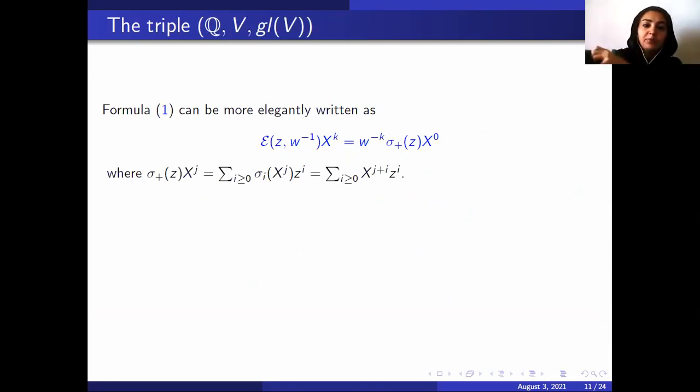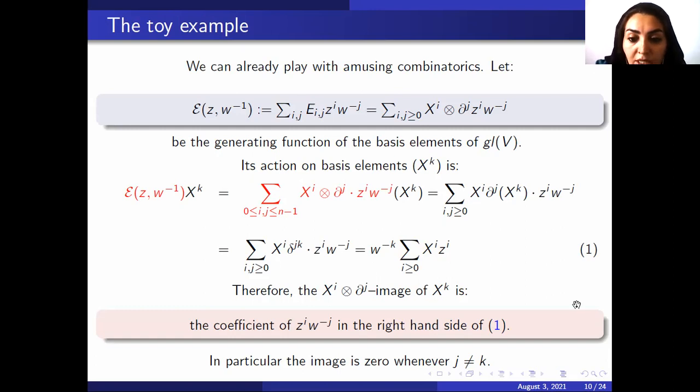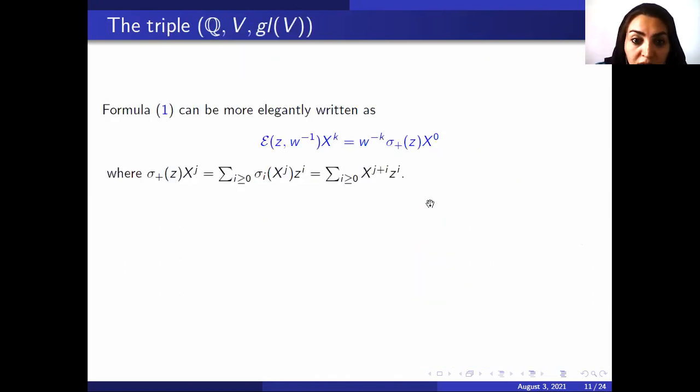But we can write the expression more elegantly. As I mentioned, the last summation, sigma xi zi, is what we denote by sigma plus zx0.